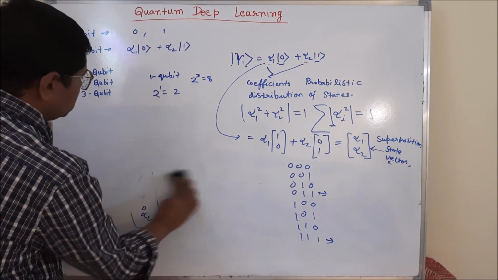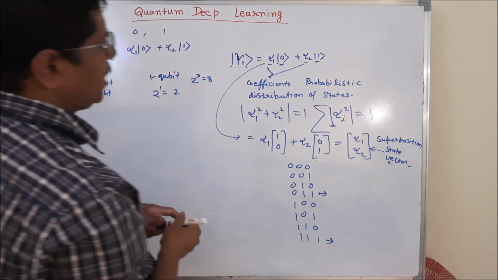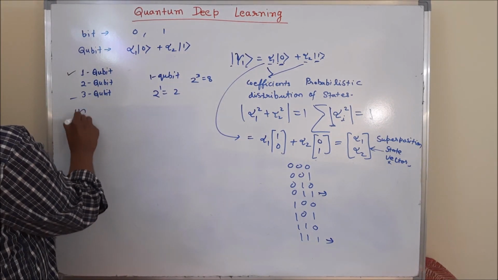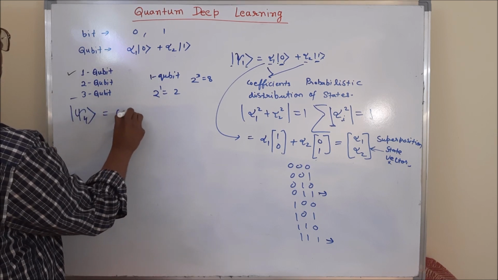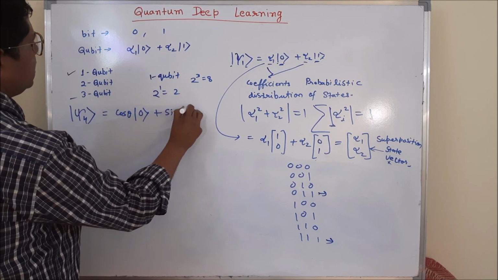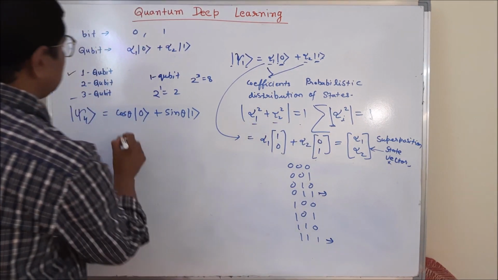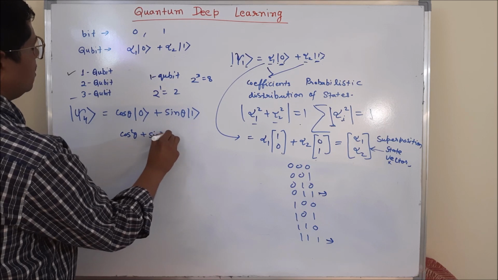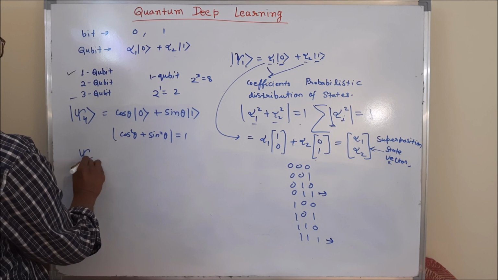Now you may ask why we should enter only 0 and 1 type values. Suppose we want to enter something angular, then what will happen? Suppose like this, this will also work: cos theta 0 plus sin theta 1. It satisfies the normalization because cos square theta plus sin square theta equal to 1. Now we say okay, we will take something different.